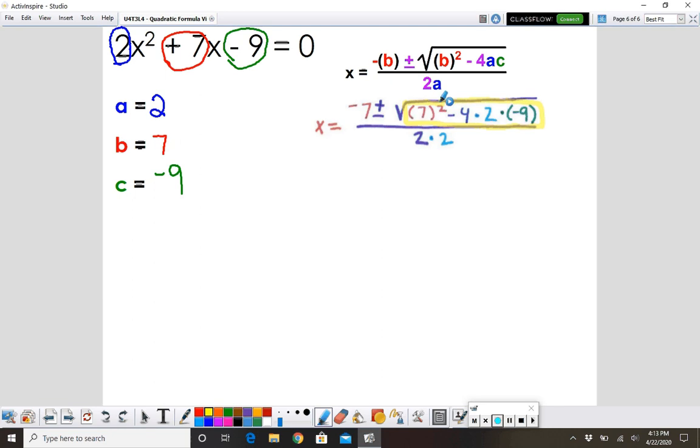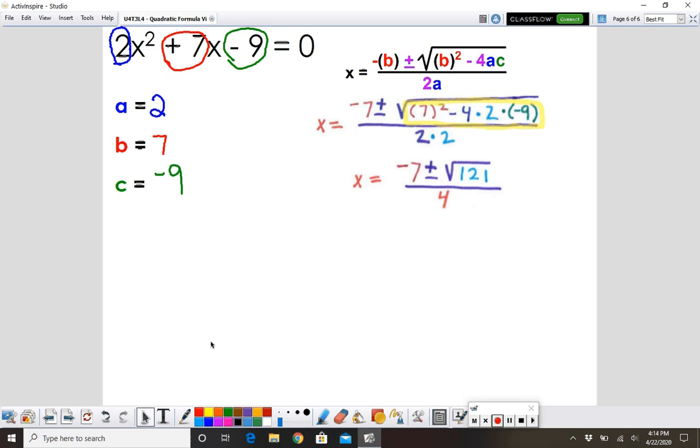Multiply all this together, and when you write your answer, you're going to get negative 7 plus or minus the square root of 121 divided by 4, because 2 times 2 on the bottom there is 4. Next, you're going to take this square root, and the square root of 121 is 11, so you're going to get negative 7 plus or minus 11 divided by 4.